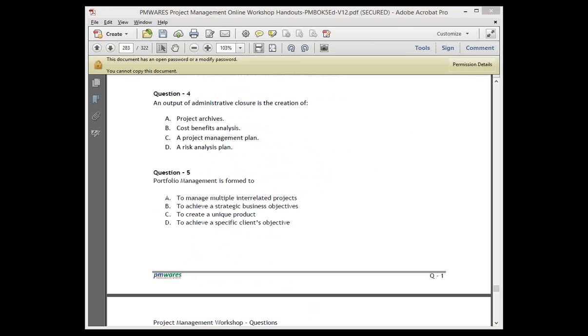The administrative closure process as such we have not covered yet, but in closure there are three things. The other options: cost benefit is initiation. Project management plan is planning. A risk analysis plan is also planning. It's not a closure. So the other three are basically planning or initiation. What about the fifth?